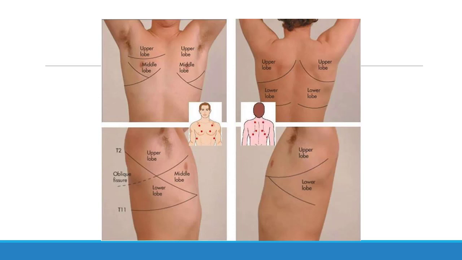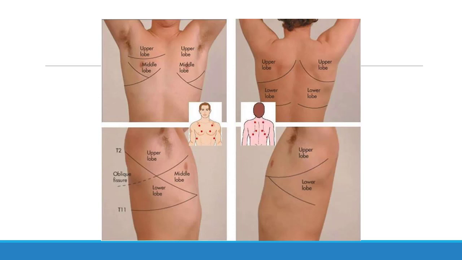One of the things that will be helpful to you is if you learn generally where these lobes are. On the picture on the bottom left, it shows the upper, middle, and lower lobe of the right lung. Right under the armpit is going to be the lower lobe.